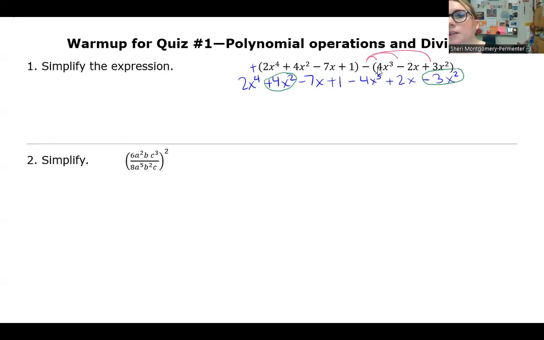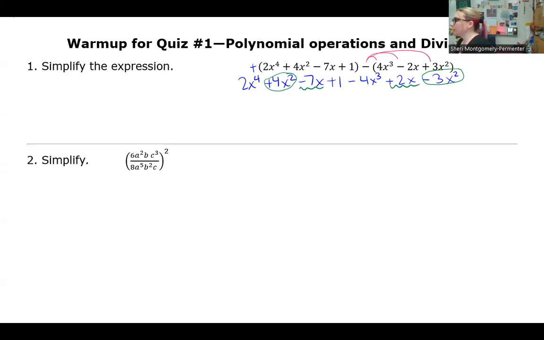No, because this one is positive, so it makes it negative. Negative, so it becomes positive. And then positive, so it becomes negative. I also see 2x terms, so I could put those together as well.